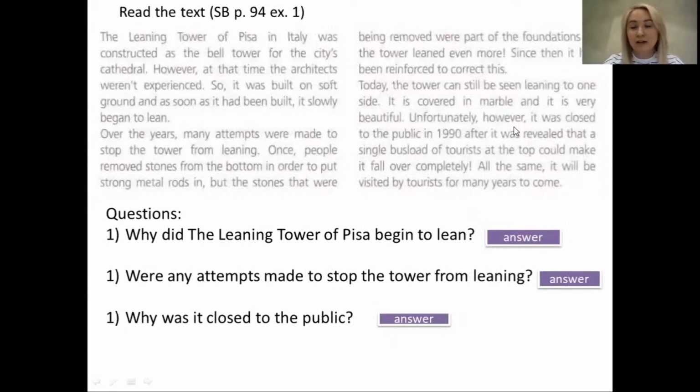After reading this text, I want you to answer the questions to the text. And if it is possible, try to answer them without looking in the text and use the passive voice. So the first question is, why did the Leaning Tower of Pisa begin to lean?